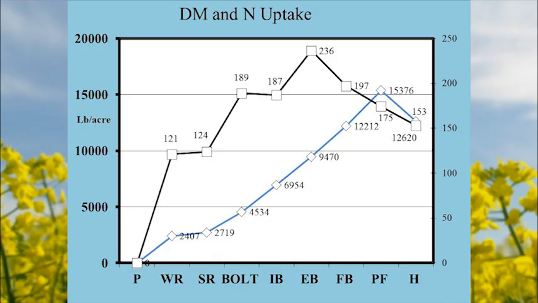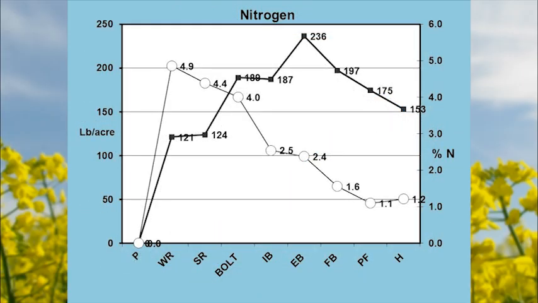Now the next curve I'm going to show you is the dry matter plus the nitrogen accumulation curve. And if you take anything with you today, this next slide is the one you need to take home. So if you have only a little space in your brain, fill it up with this next slide and then you can go, okay?